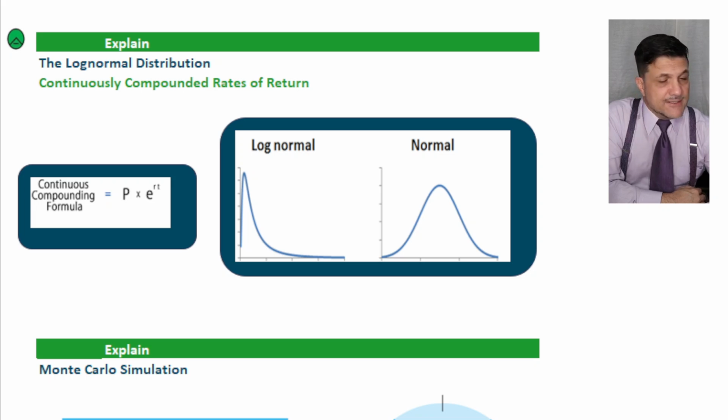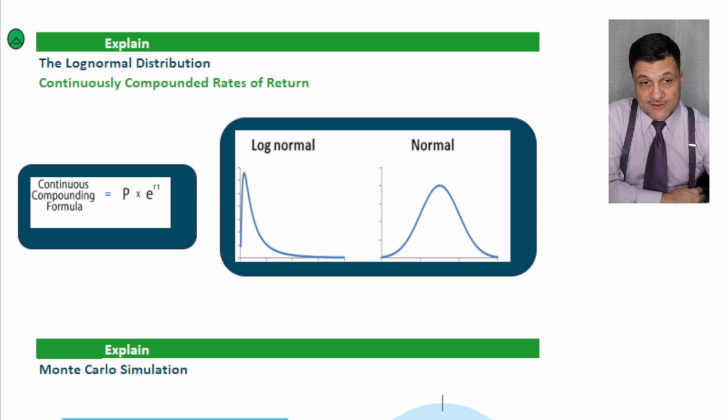Right beside, I put an image of the log normal distribution and the normal distribution. Look at that, log normal, normal. The log normal distribution has this shape here. If you have to say which type of problem the log normal distribution has compared with the normal, is it kurtosis or skewness?